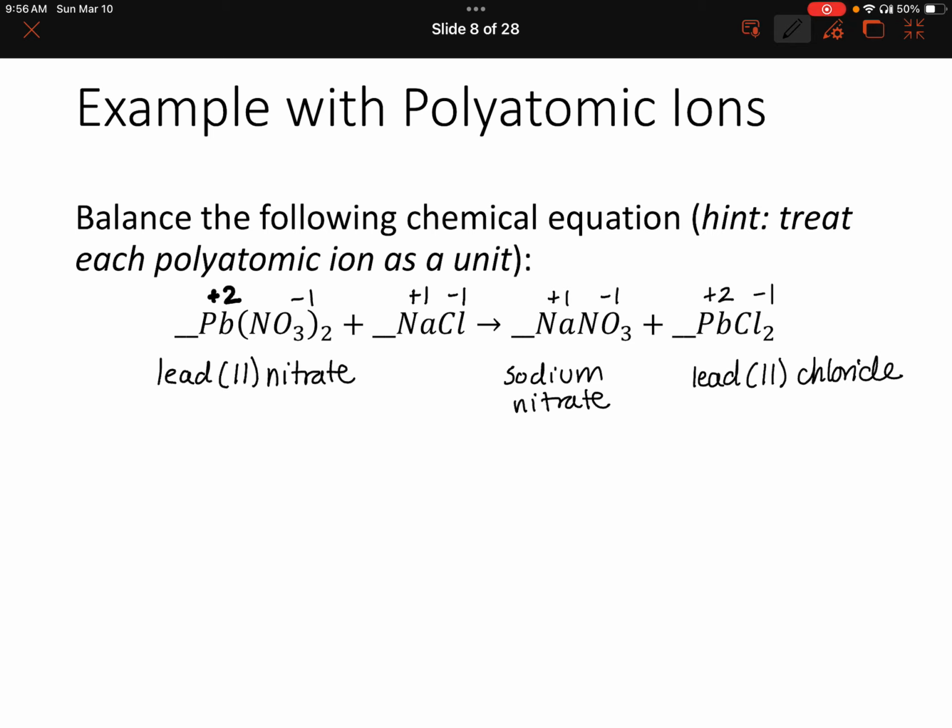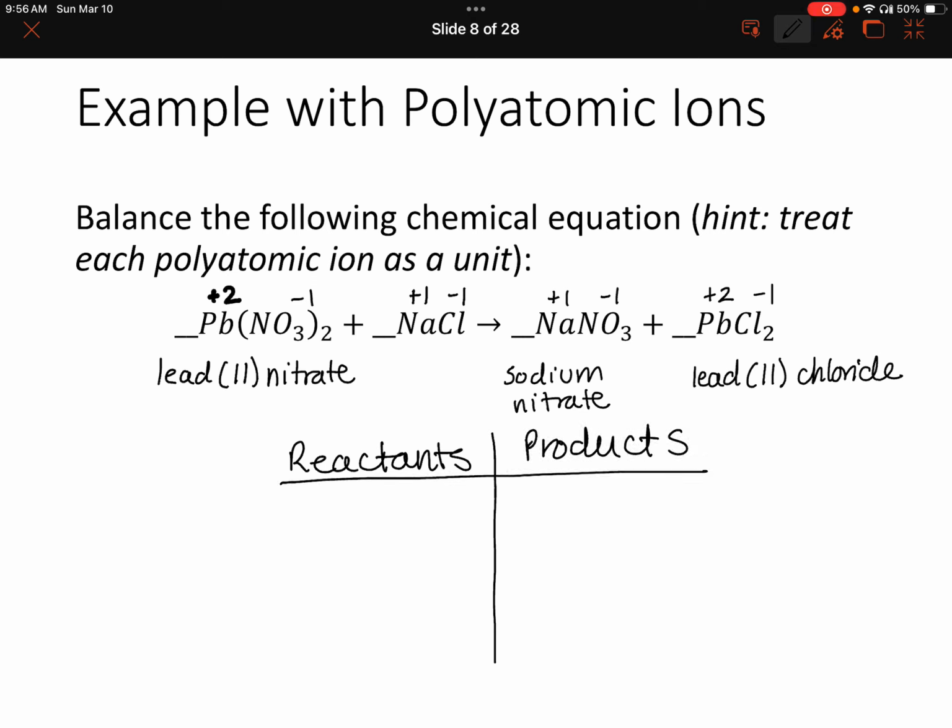All right, anyway, let's write our little table, reactants versus products. And we have, let's see, a lead +2 ion, a nitrate ion, a sodium ion, and a chloride ion.